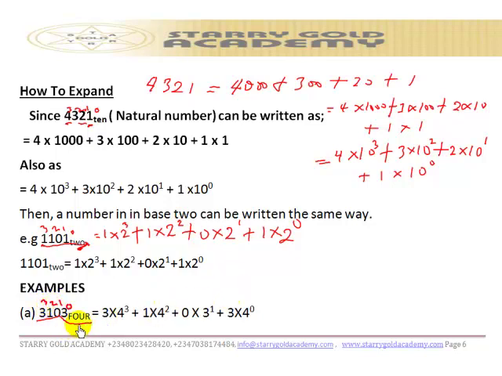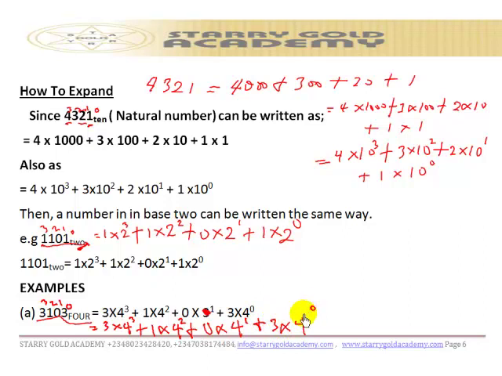So you have 3 times your base 4 raised to the power 3, plus 1 times your base 4 raised to the power 2, plus 0 times your base 4 raised to the power 1, plus 3 times your base 4 raised to the power 0.